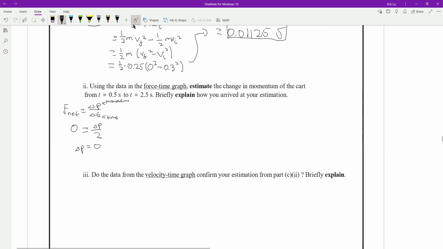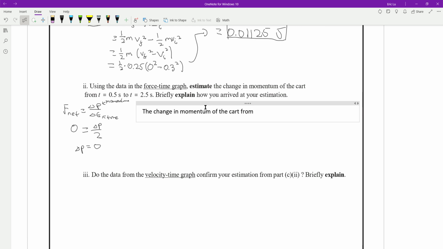So I would say something like, the change in momentum of the cart from 0.5 seconds to 2.5 seconds would be 0 Newton seconds.